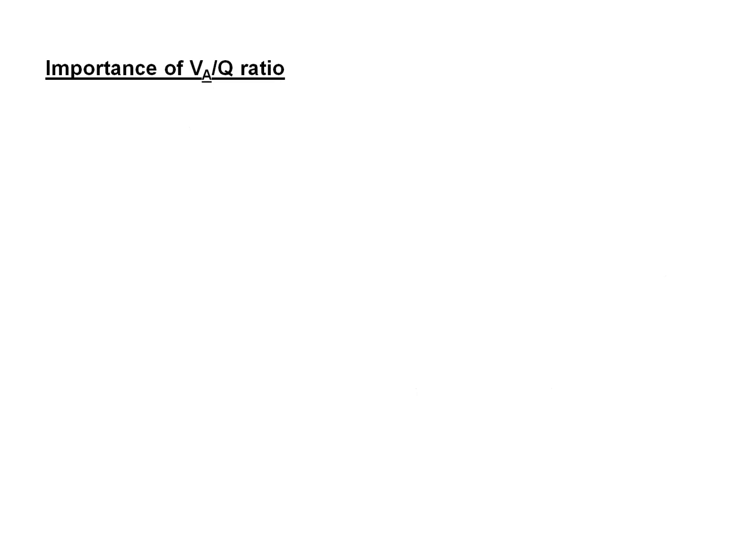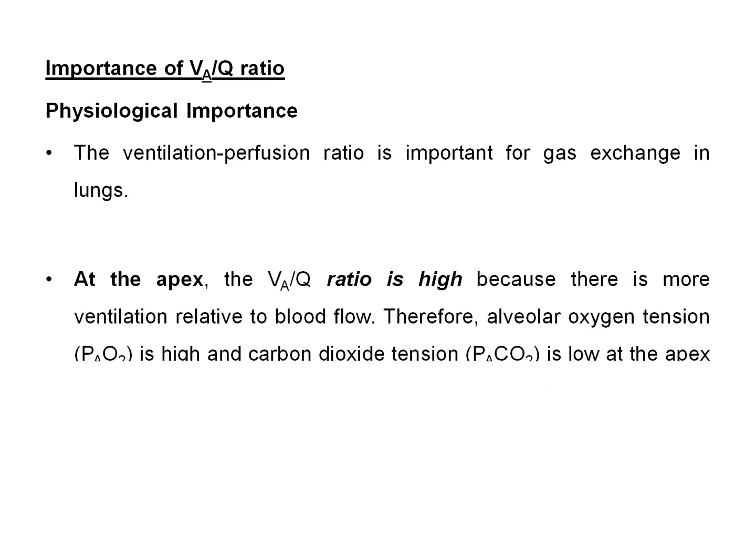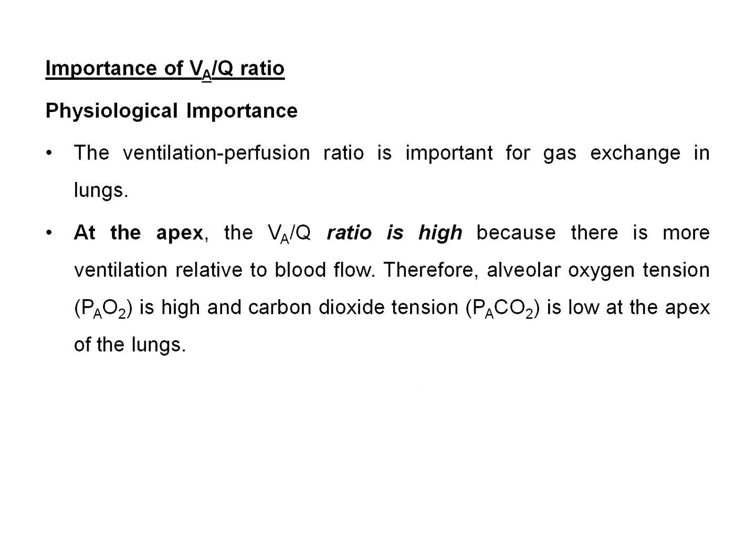What is the importance? Why do you want to know the VQ ratio? The physiological importance is that it is important for gas exchange in the lungs. Of course, both of these processes are important for gas exchange. At the apex, the VQ ratio is high because there is more ventilation relative to the blood flow.